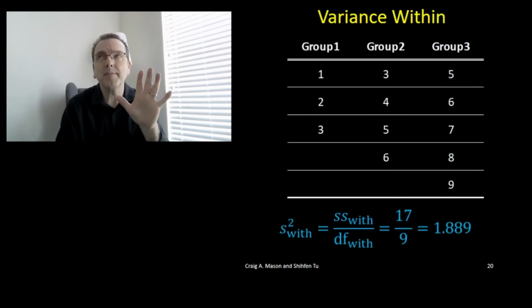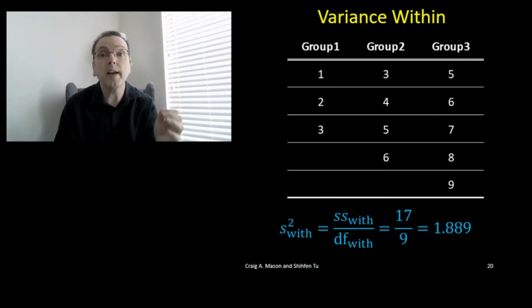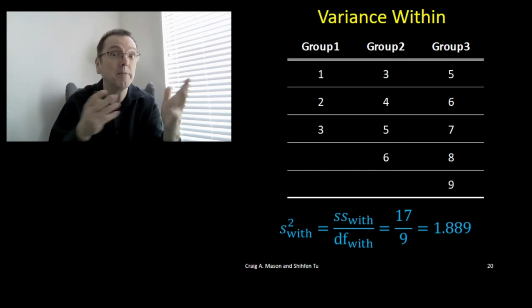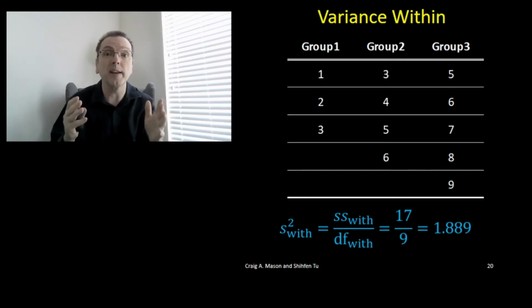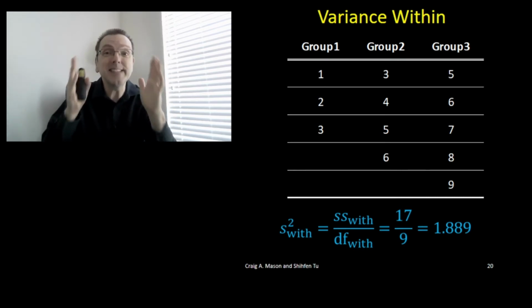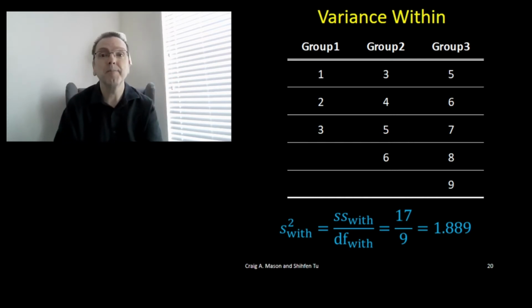So finally, at least in regards to the within group calculations, we calculate our variance within. And remember, you may see this reported as the variance within or the S squared within or just called the mean square within. But it's the same thing. It's the within groups variance.